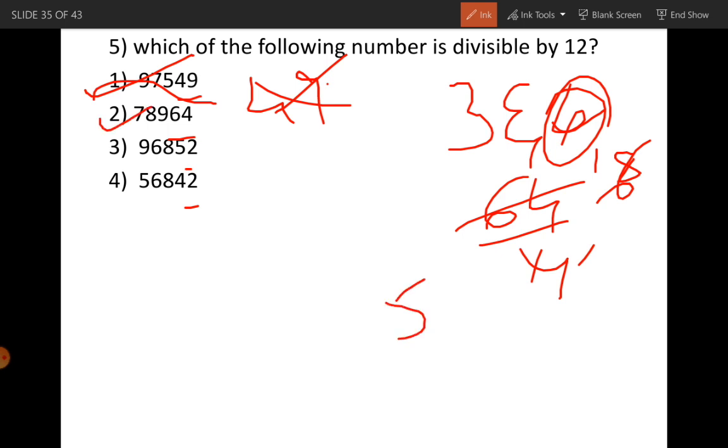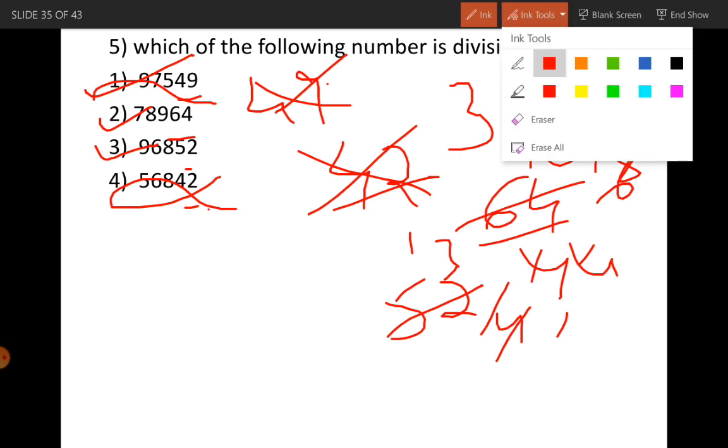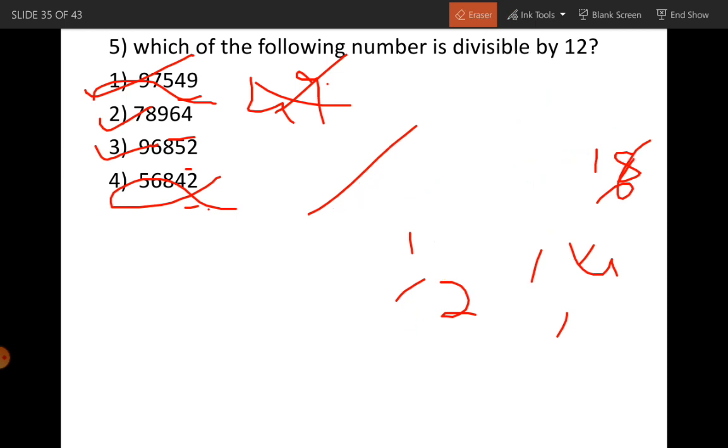And 52 divided by 4 is 13, so this is also divisible by 4. And next is 42, which is not divisible by 4, so we can exclude these two options. Instead of testing all the numbers, we can exclude like this.